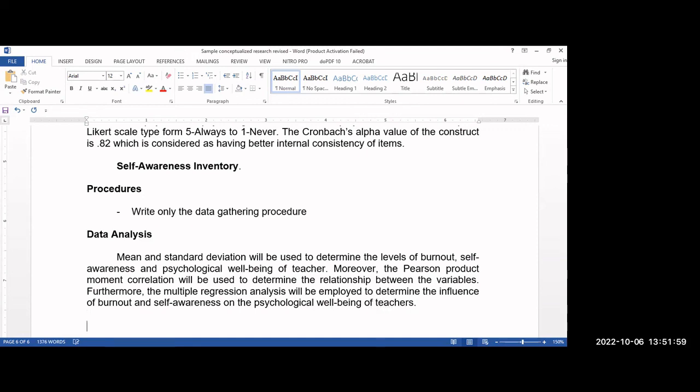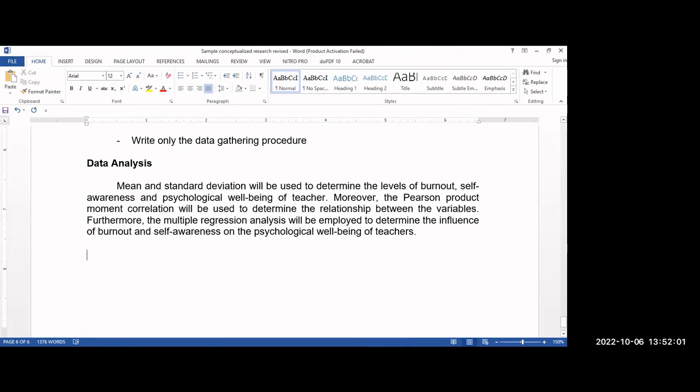And then, lastly, we have references. So, isa yan siya sa component. So, the references, you have to use the APA. I think the latest is 7th edition format.